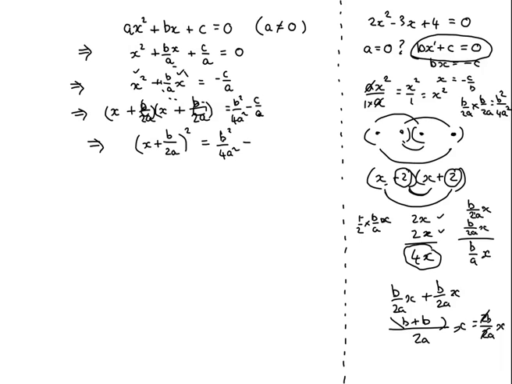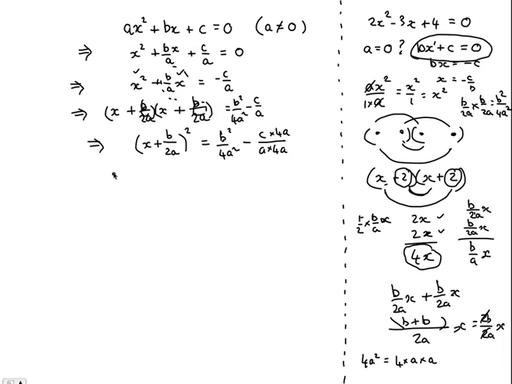That would involve, remember, 4a squared. 4a squared is 4 times a times a. And if we look at this factor here, there's just one factor a. We have to introduce a factor 4 and another factor of a. So I have to multiply this fraction, top and bottom, by another 4a.